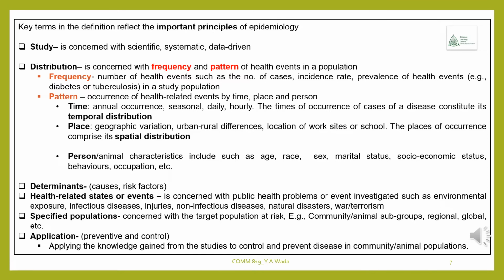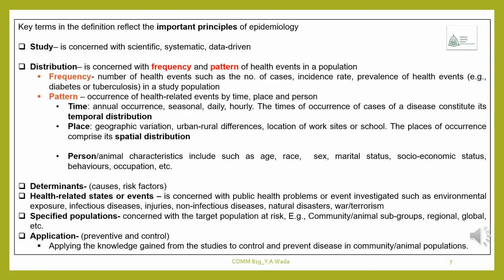It also tells us the sex or gender that is more predisposed or susceptible to such a disease. It tells us more about the marital status of the host, socioeconomic status, behavioral and occupational habits of the persons involved. Then the definition also highlights determinants.